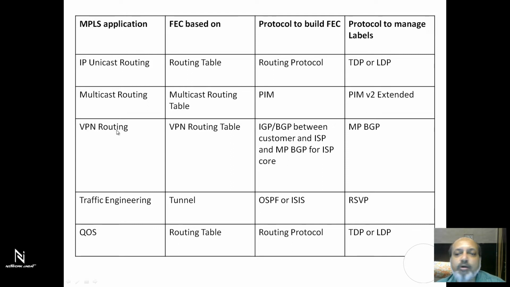For VPN routing, it is multi-protocol BGP or the modern version of BGP. For traffic engineering, it is done by a protocol which has a peculiar name and a more peculiar short form. Its name is Resource Reservation Protocol and its short form is RSVP, right?